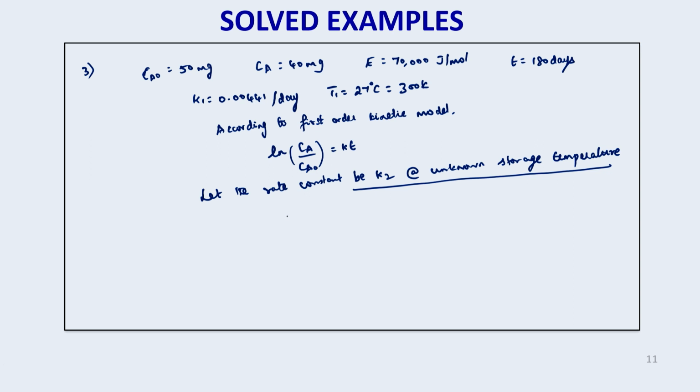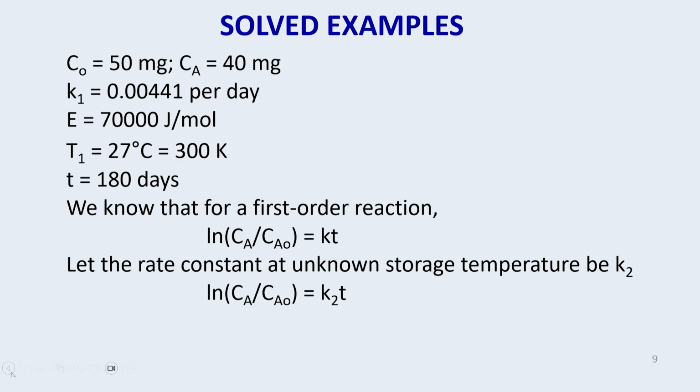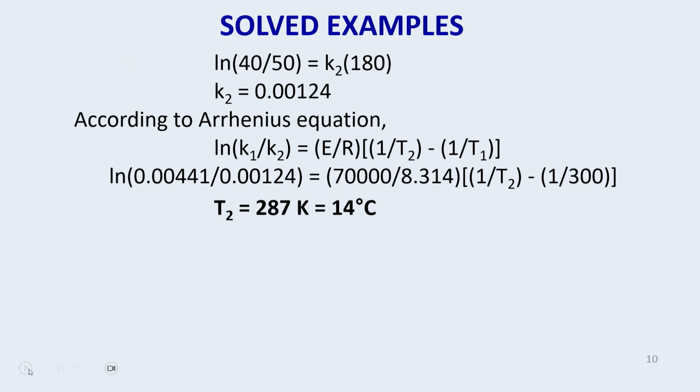So the above equation will be written as ln of Ca by Ca naught is equal to K2 into T. This is what I have written here. So Ca value is given, Ca naught value is given, time is given, 180 days. So solving, we will get the value of K2.